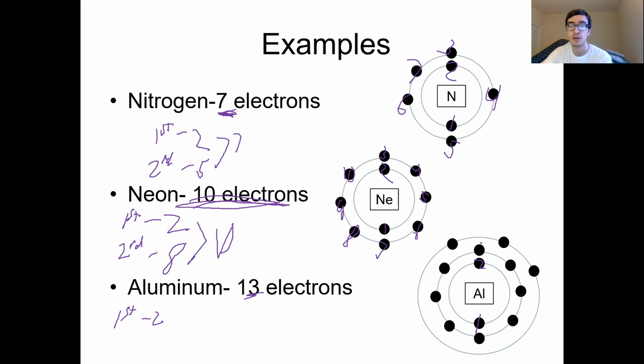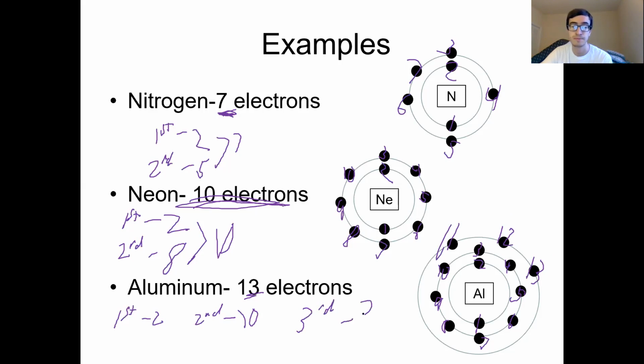So 2 on the first shell, 3, 4, 5, 6, 7, 8, 9, 10 electrons on the second shell. But now our second shell is completely full, but we still have some electrons to go. So 11, 12, and 13 are out here on our final third shell.